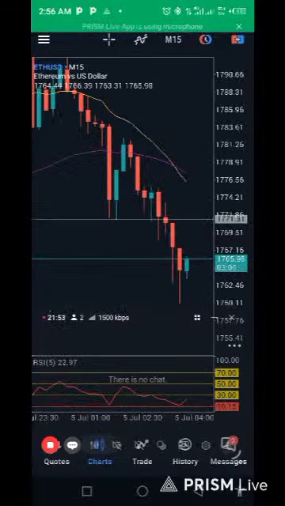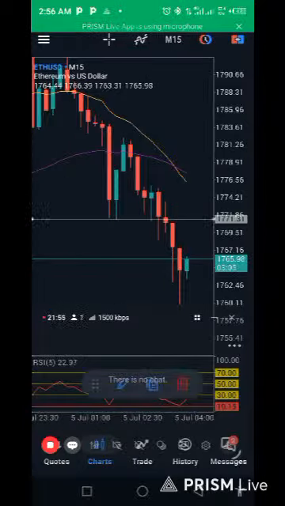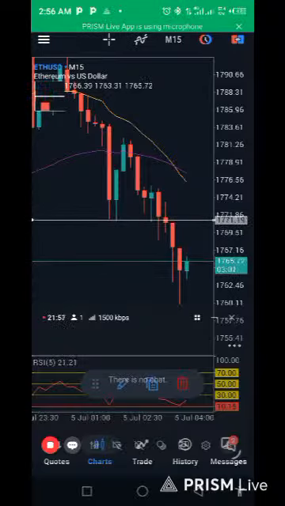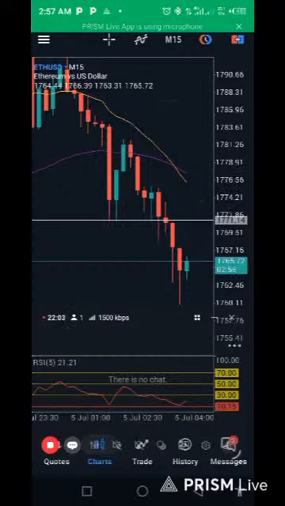It broke structure here. So it has to go up and touch this other order block here. There's another order block here.